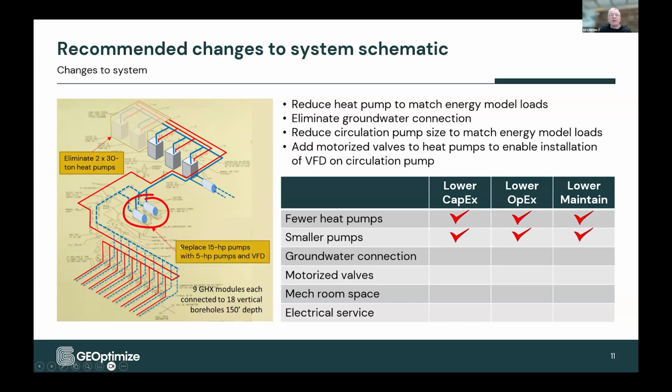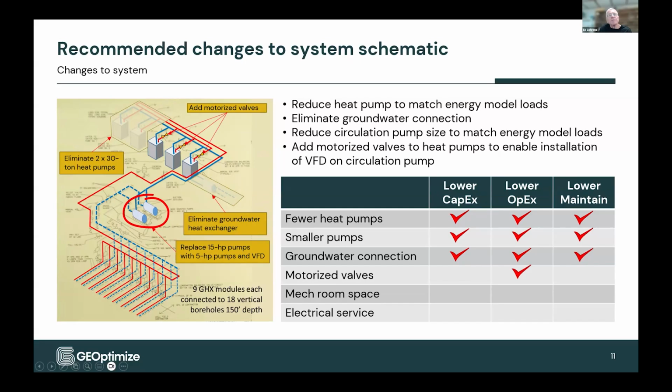Replacing the 15 horsepower pump with a 5 horsepower pump, again, lower capital cost, lower operating cost, lower maintenance. Eliminate the groundwater to ground heat exchanger, again, reducing capital and operating costs.